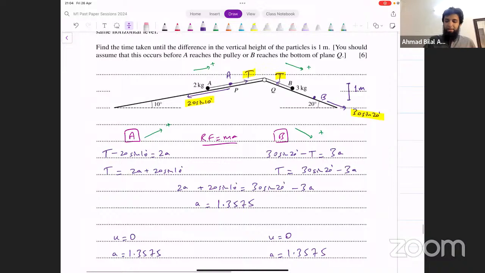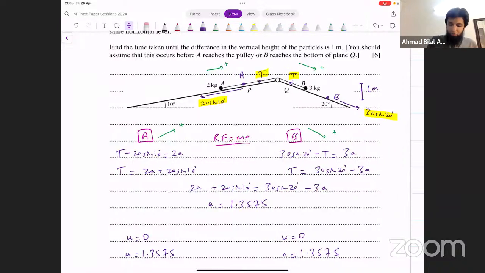Let's think about this. A is moving up the plane, so A is moving in this direction. This is the vertical height of A. Let's call this HA, the height of A. We know that this angle is 10 degrees.